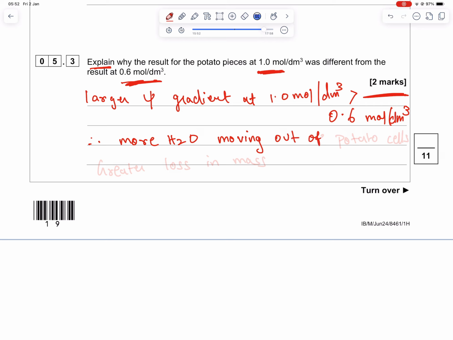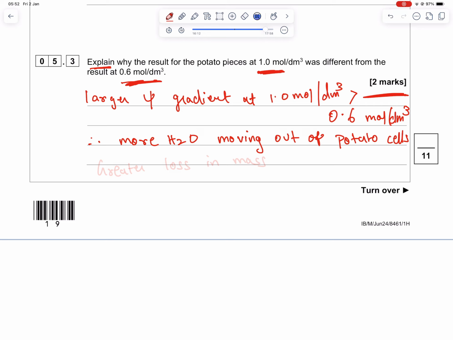The comparative explanation. You can also, to impress the examiner, talk about how the mean change in mass was a loss of negative 0.2 at 0.6 moles per decimeter cube compared to almost negative 0.3 grams of loss in mass.